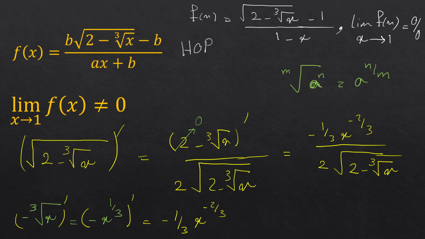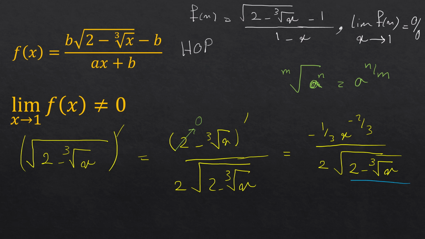All this expression here is the differentiation of the numerator. And for the denominator, we also need its differentiation, which is minus 1. So we have the differentiation of the numerator divided by the differentiation of the denominator, and that's L'Hospital's rule. So I need to divide this by minus 1.